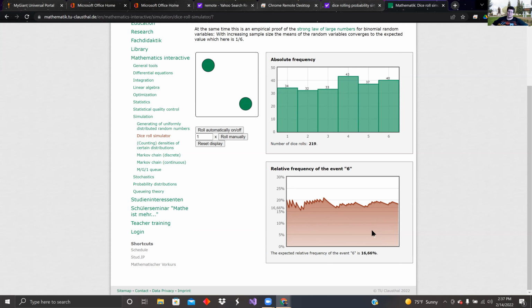And the further we go, the more number of rolls we're calculating the relative frequency. That denominator gets higher and higher and higher, and it starts to flatline a bit. I'm going to let it go for a little while, because right now it's still running a little high. It hasn't hit its actual appropriate value.